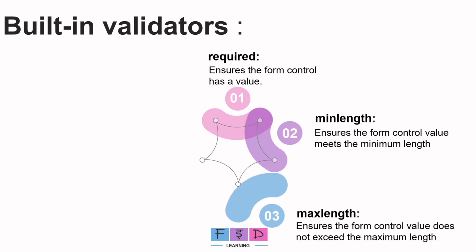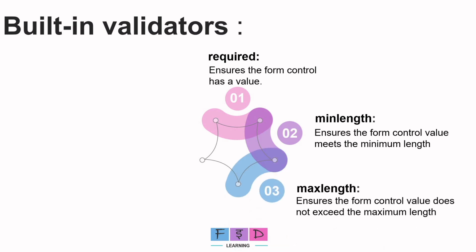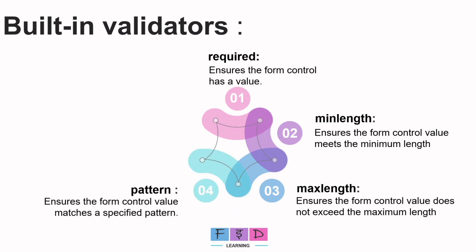On the other hand, we have the maxlength validator. This validator ensures the form control value does not exceed the maximum length, and if the value is longer than the specified length, the form will be invalid. The next built-in validator is pattern. It ensures the form control value matches the specified pattern, and the pattern is defined using a regular expression.